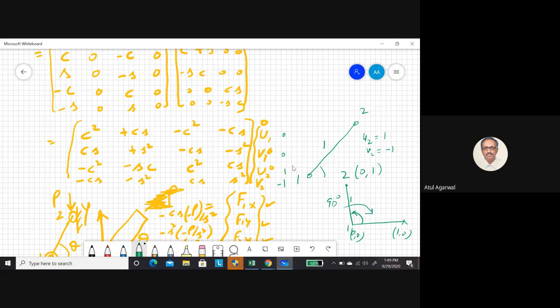Now you check what you are getting from the first row. You are multiplying with 1 and minus 1. So c square minus c square plus cs.